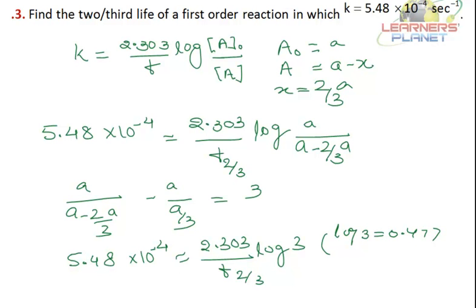Now we can find out T 2 by 3. Just calculate it. So you'll be getting T 2 by 3 as 2005 seconds. So the time required for the 2/3 completion of the reaction is 2005 seconds.